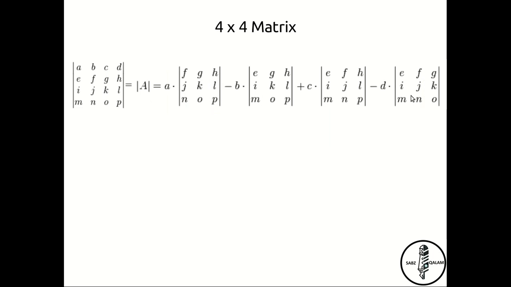Consider a 4 by 4 matrix now. Again, you're always considering the first row. You're going to start with A and then B and then C and then D. For example, let's consider C. For C, you're going to discard the row and column corresponding to C. You're left with E, F, H, I, J, L, M, N, and P. Remember these vertical bars represent the determinant of this matrix.